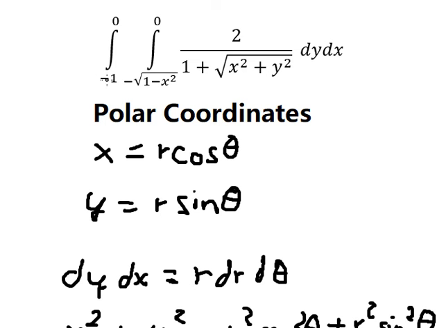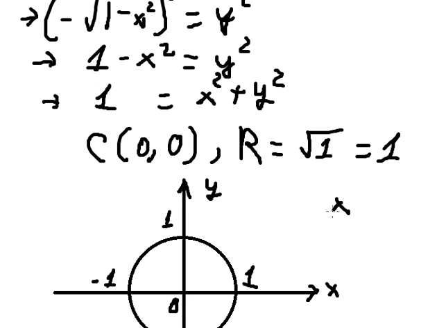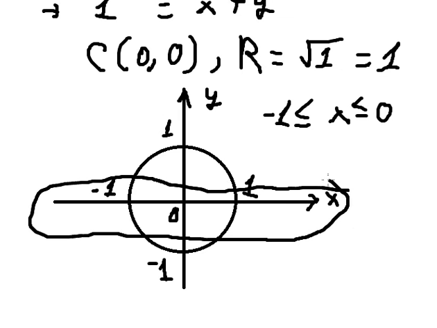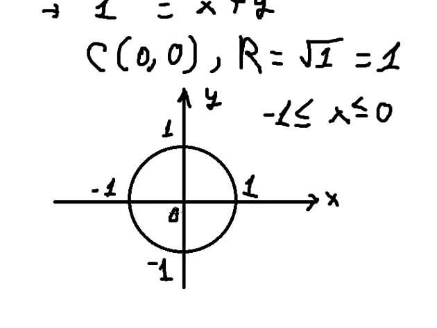So x is greater than negative 1 and smaller than or equal to 0. So x goes from negative 1 to 0, that's this one. So they want us to concentrate on this area, just only one area here.